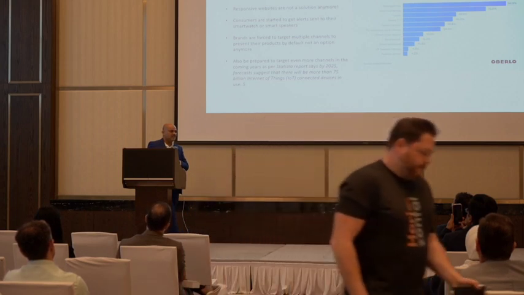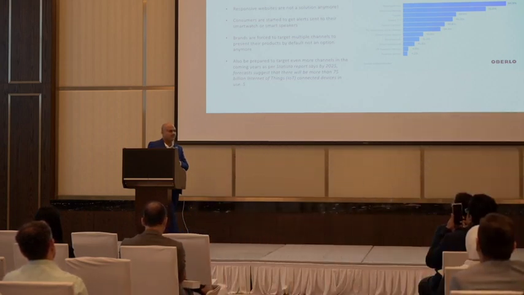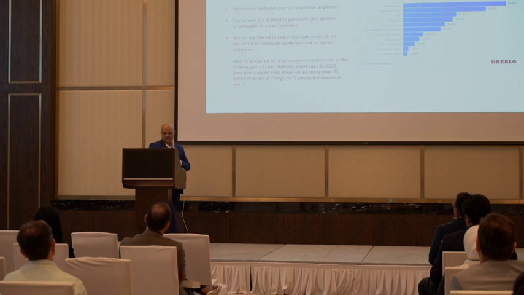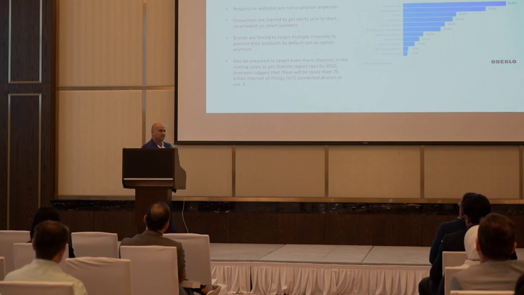This is causing a lot of challenges for marketers in any field, irrespective of financial services. Any sector will have this challenge as a digital marketer. We have to target more channels, and as you can see in the last point, the statistical report forecasts that by 2025, 75 million IoT devices will be in the market. This is huge in numbers.